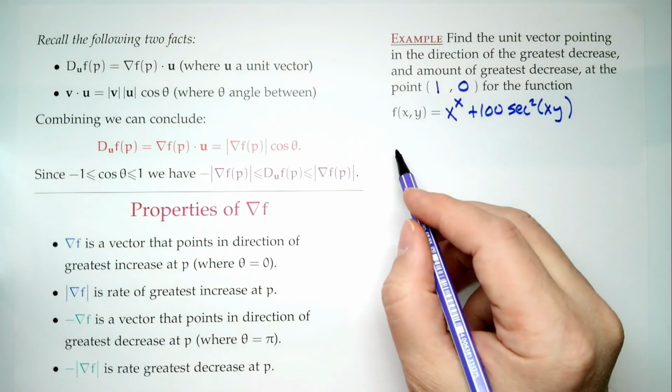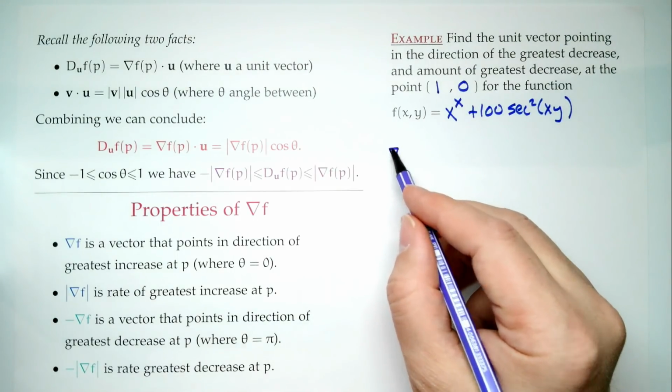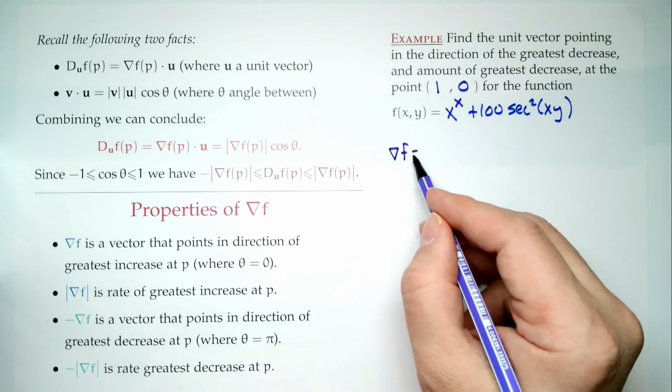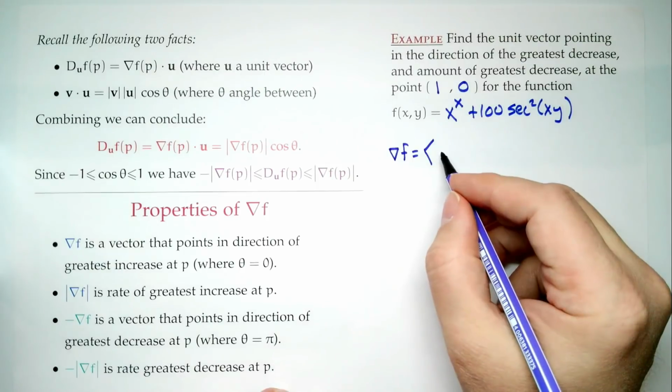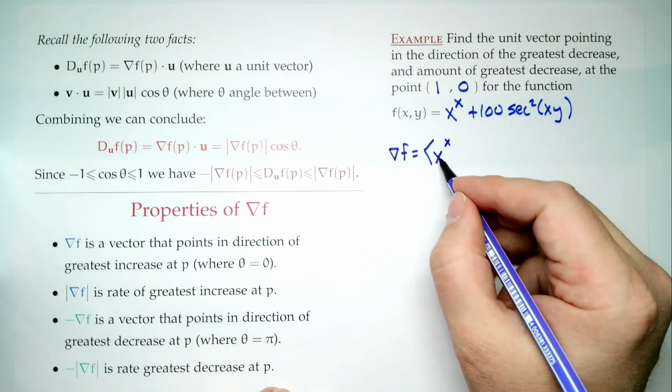All right. So, the gradient of f is the derivative of x to the x with respect to x is... sorry, what? It does start as x to the x. That is correct. Anything else?